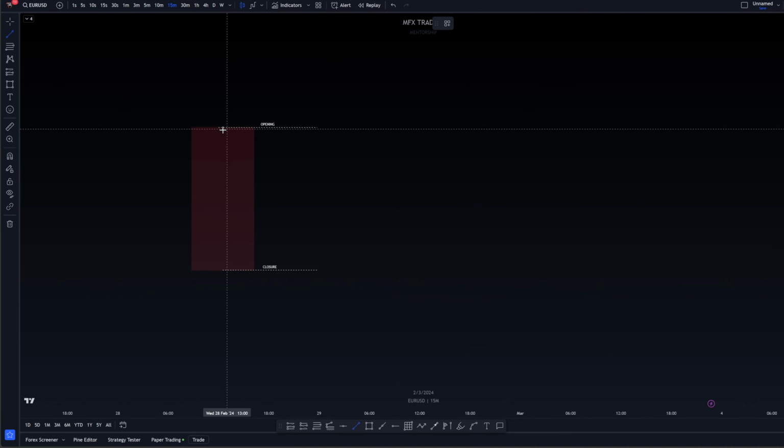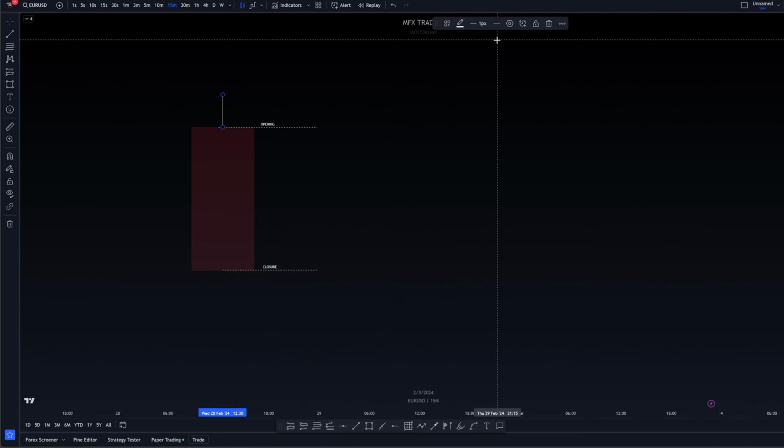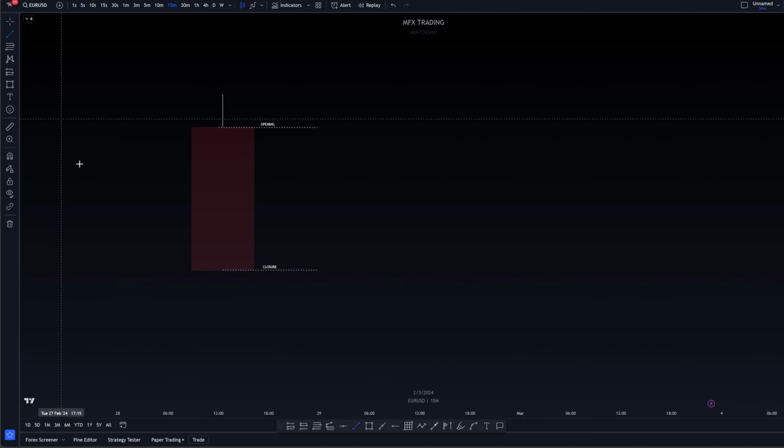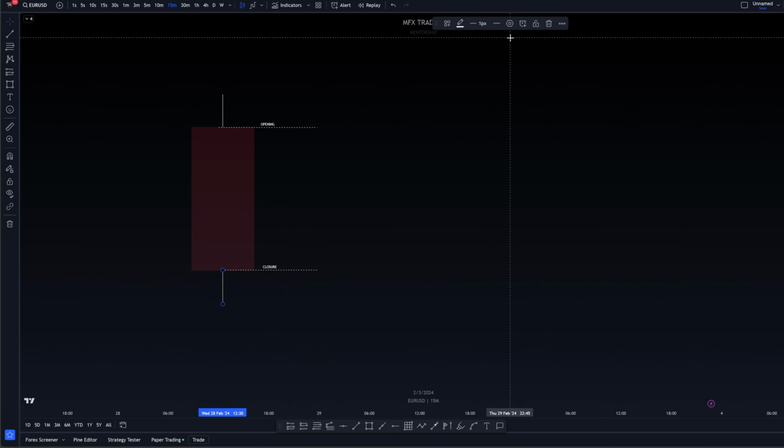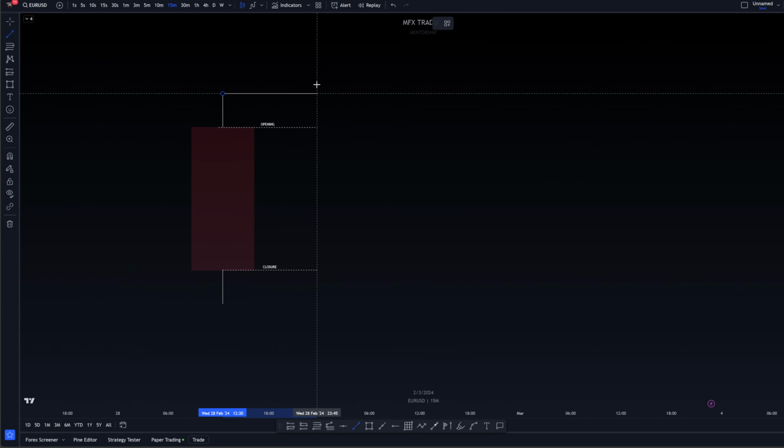Then with most candles, we also have a wick. Let's make that line solid, and also to the downside most of the times. The wick is basically just the high or the low.